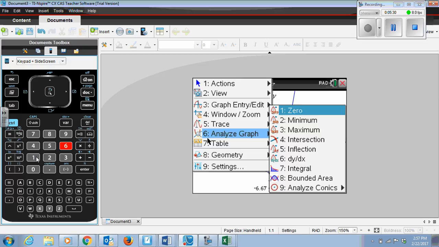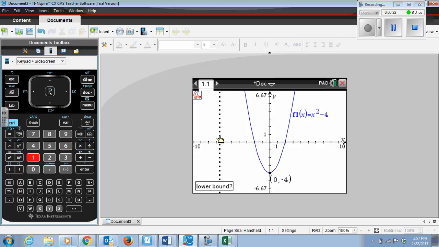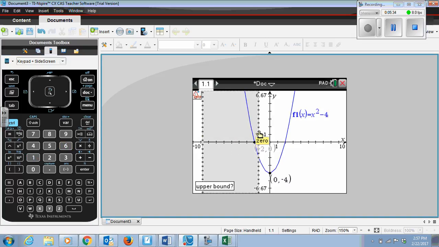Oh, guys, I think I messed up. It's 6-1. So lower bound is here, upper bound, I stop at the vertex. So instead of highlighting this whole page, I need to go from lower bound to the vertex, and then I would do vertex over bound. So we've got -2, 0 as my first root.